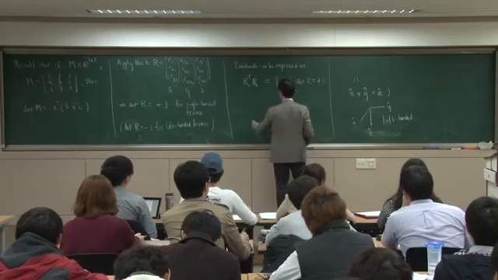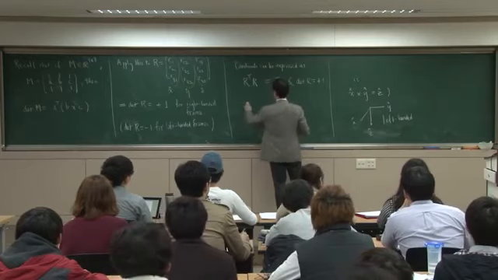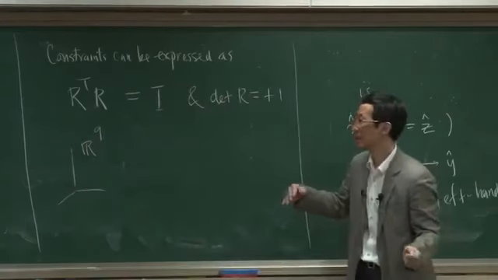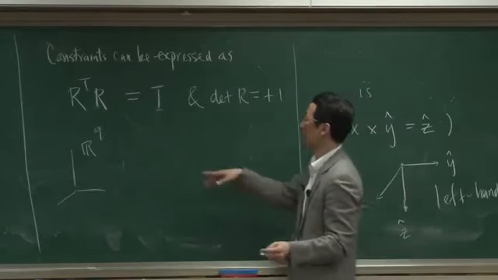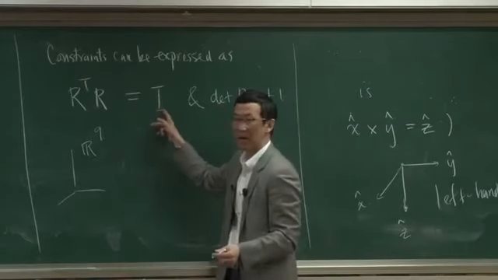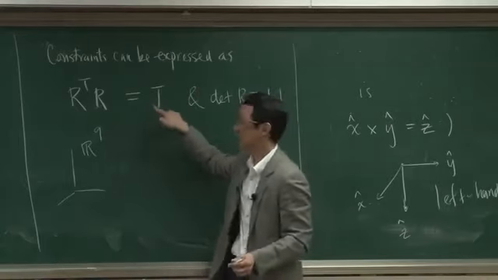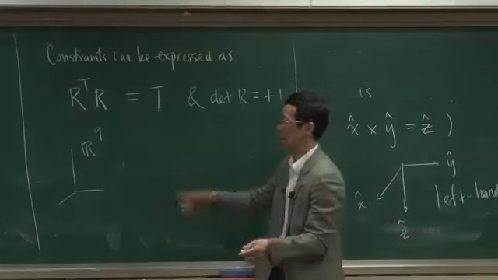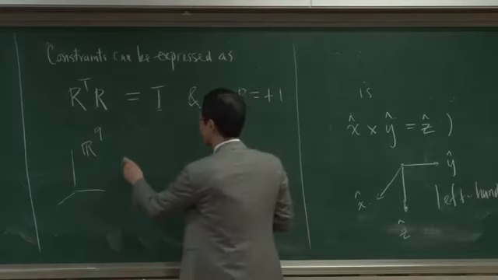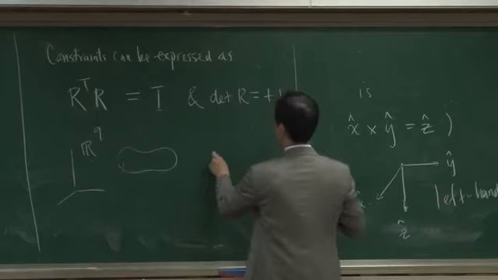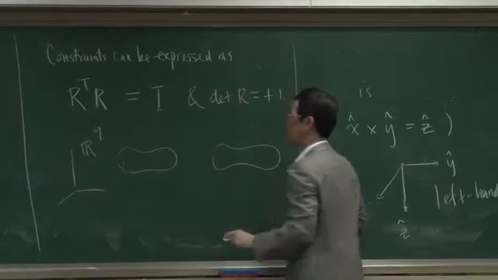If we have, say, R9, 9-dimensional space, then R transpose R equals I gives 6 equations. 9-dimensional space, 6 equations. What do we get? We get a 3-dimensional surface inside here. But this 3-dimensional surface looks like this: here's one, here's another.